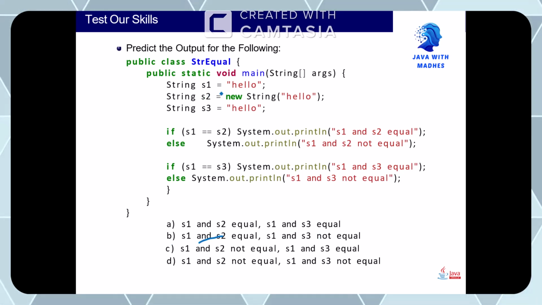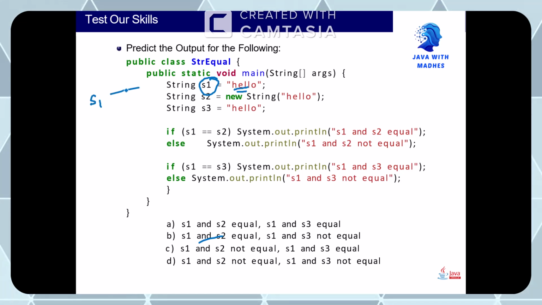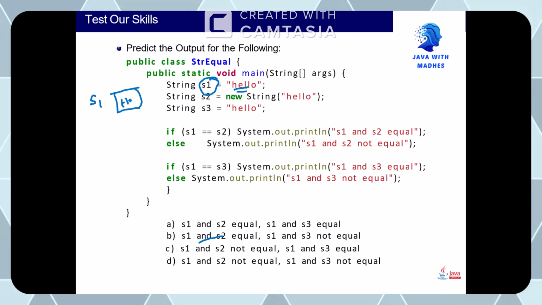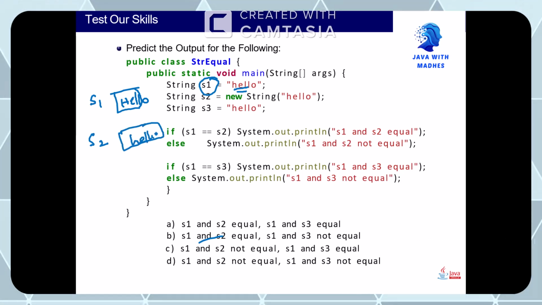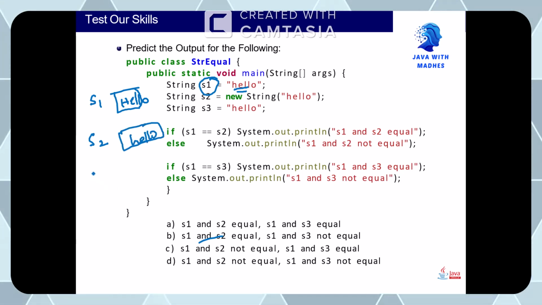Okay, so we are creating a string s1 and storing "hello". So s1 is created, "hello" is there. Then s2 is created, "hello" is there. s3 is created in this way.